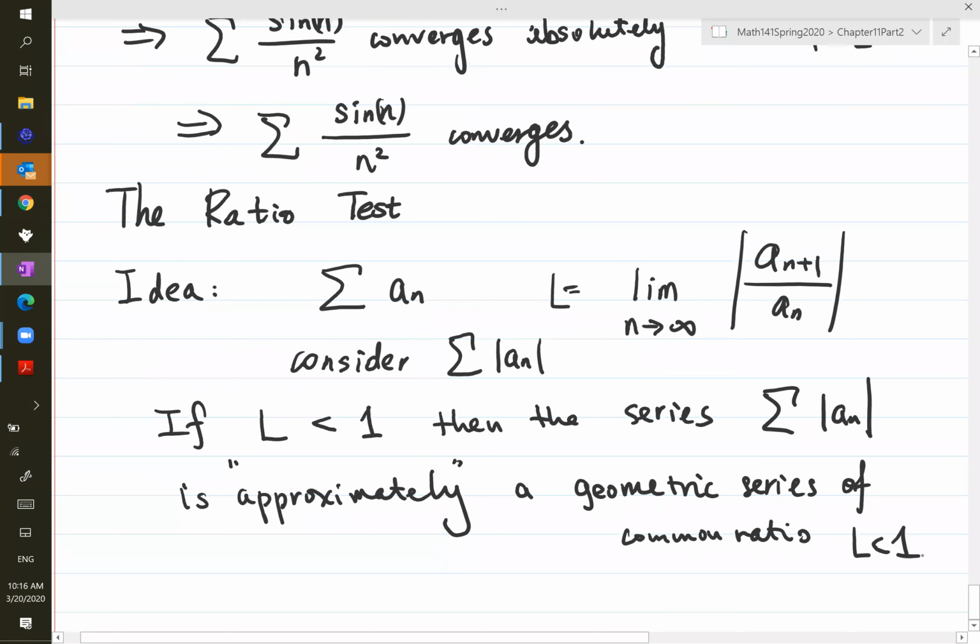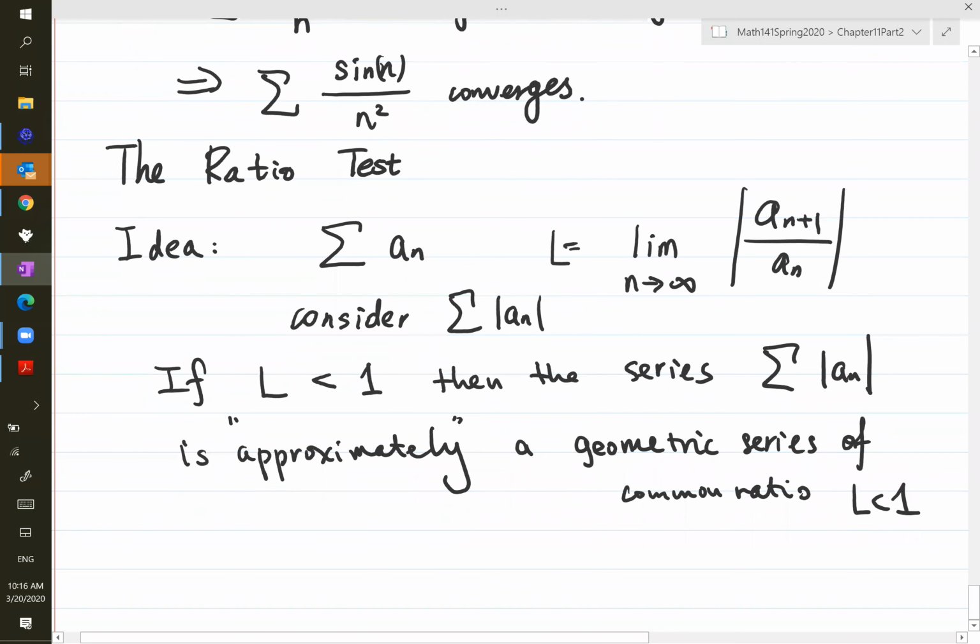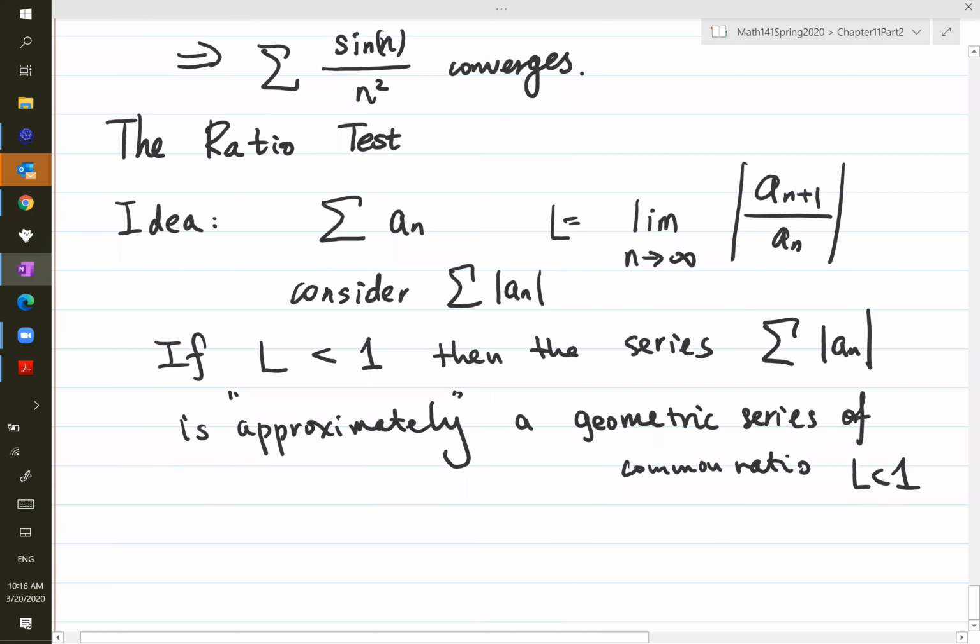The geometric series converges, so using comparison we have good control of the original series, and we can conclude that a_n converges absolutely.